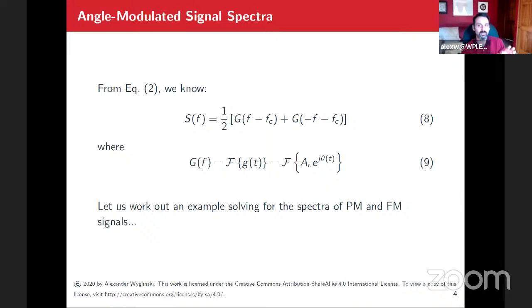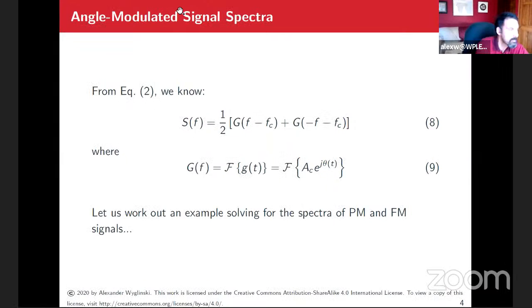Depending on what theta t is equal to, it will dictate how you solve that Fourier transform at the end of the day. All right. So if we work out the spectrum, for instance, let's say we take, here we go.